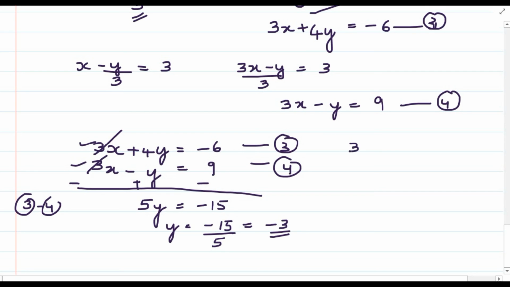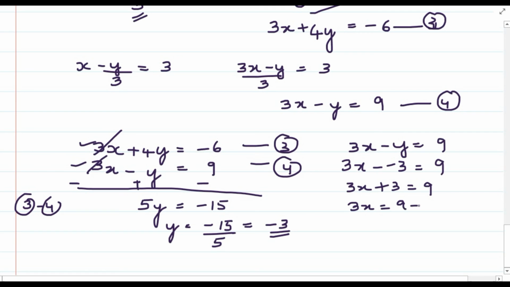I substitute in the fourth equation, 3x minus y equal to 9, 3x minus of minus 3, 3x plus 3 equal to 9, 3x equal to 9 minus 3, 3x equal to 6, x is equal to 6 by 3, which is equal to 2. So the answer is, x is 2 and y is minus 3.